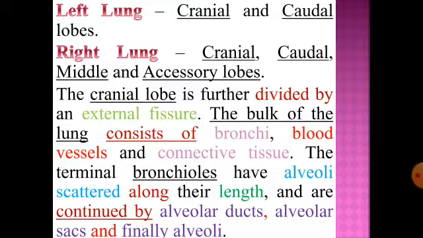The terminal bronchioles have alveoli scattered along their length and are continued by alveolar ducts, alveolar sacs, and finally alveoli.